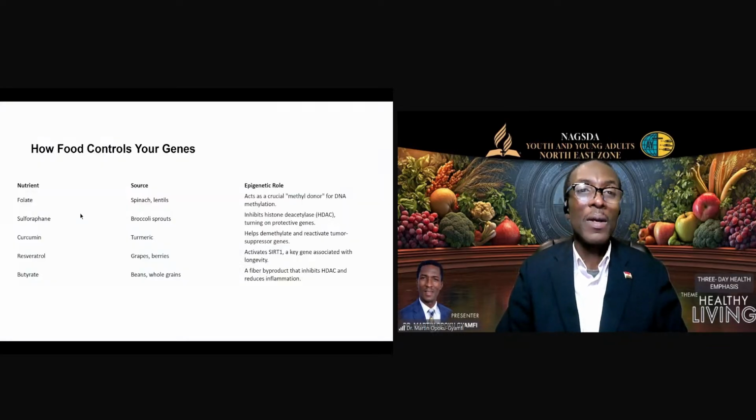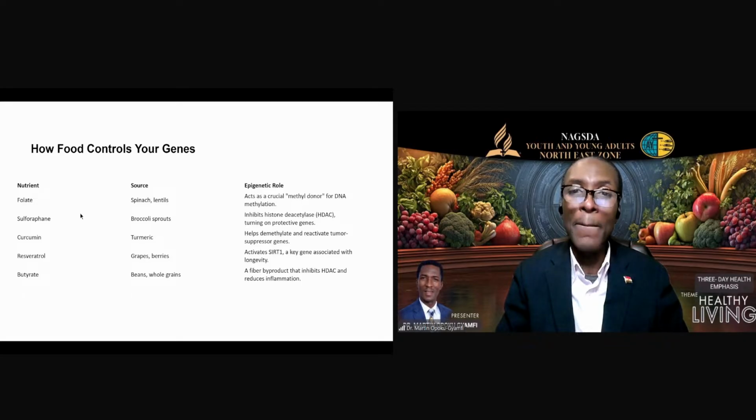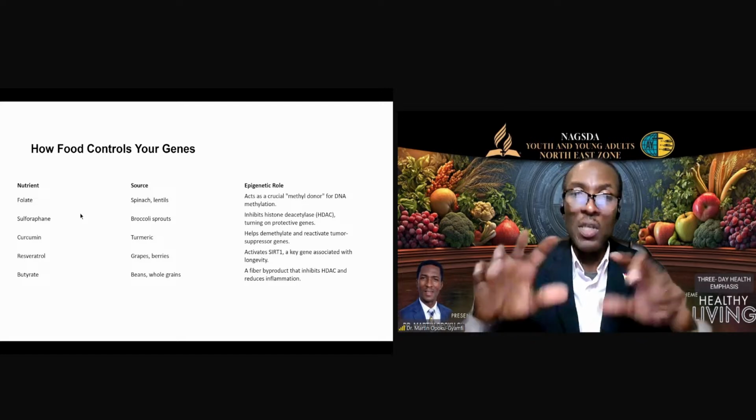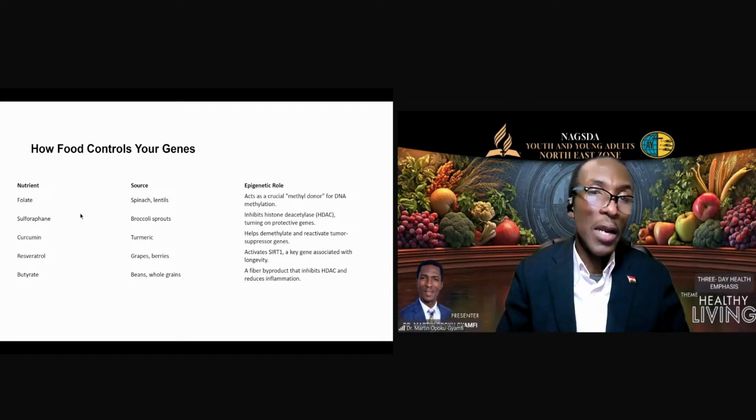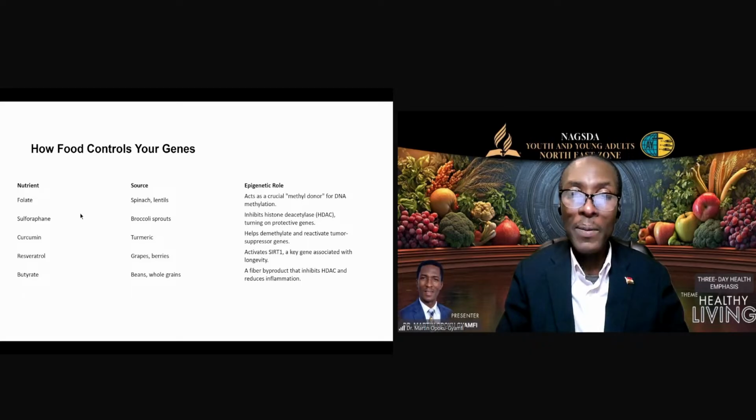Finally, brethren, how does food control your genes? These are just examples. Folate, from all the greens like spinach and lentils, acts as a crucial methyl donor for DNA methylation. Sulforaphane from the cruciferous vegetables or broccoli sprouts inhibits histone deacetylation, turning on protective genes. Curcumin from turmeric helps with that and reactivates tumor suppressor genes.